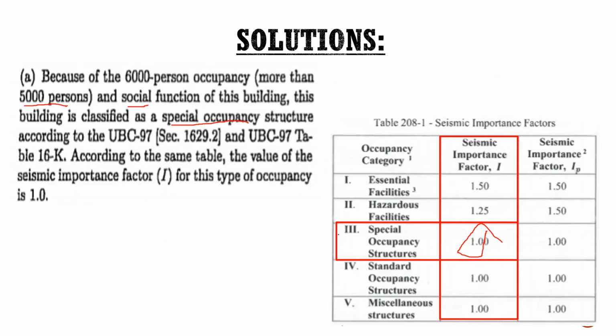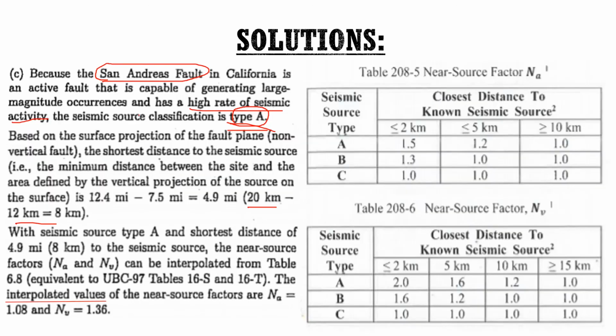The surface projection is 12. This is from A to B. Then this 20 km, guys, is from the structure to B. But the minimum distance should be from the structure to A. So the answer is 8 km. That is how far it is.